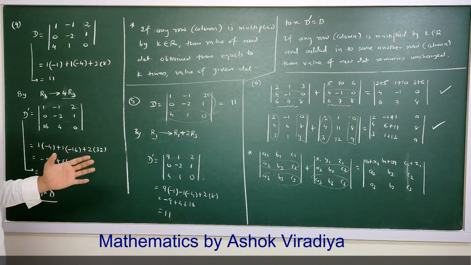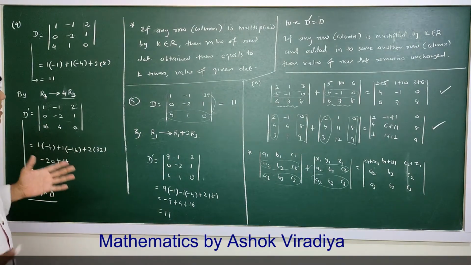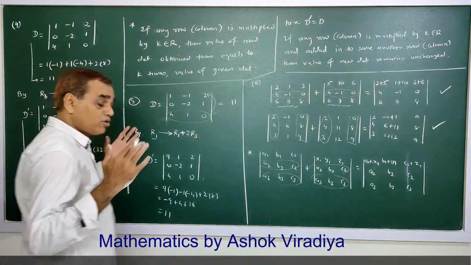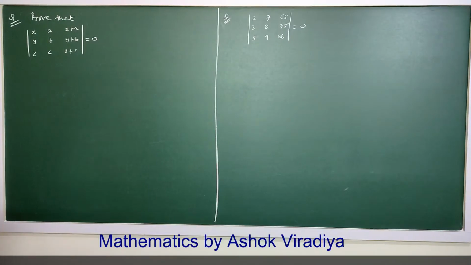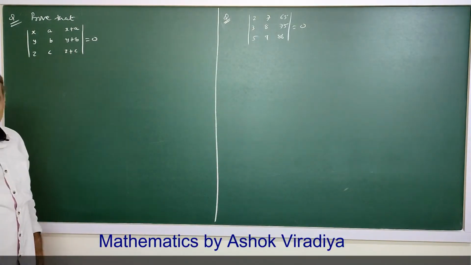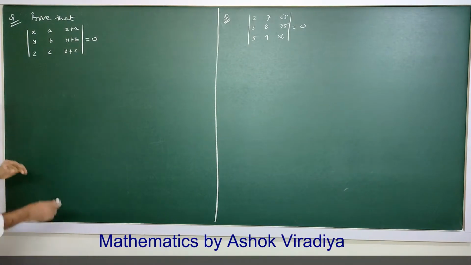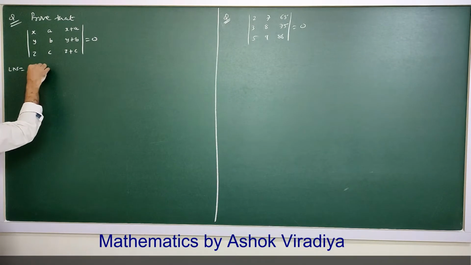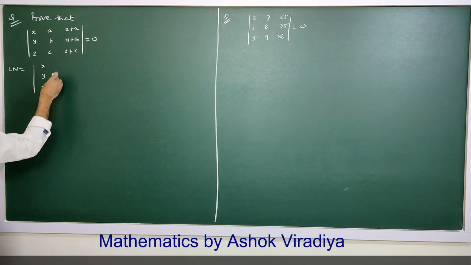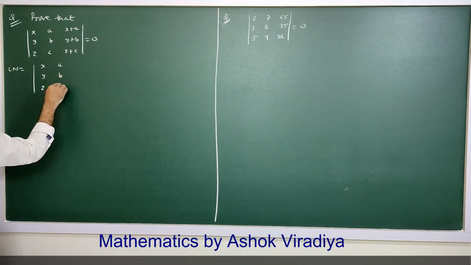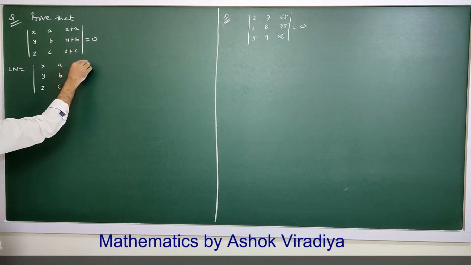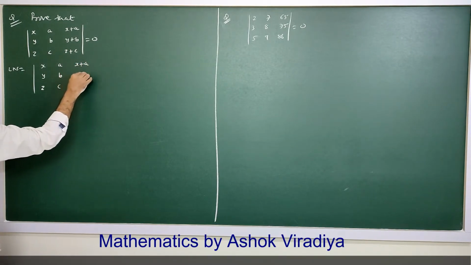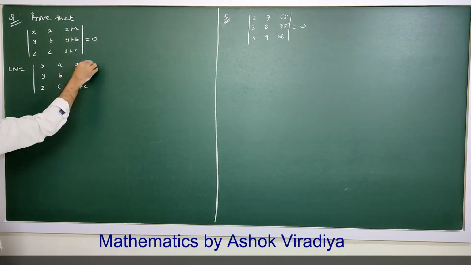So now questions are based on these 6 properties, very important properties. Now see, the question is: prove that this determinant is equal to 0. So here we start from the left hand side. Left hand side is x, y, z, a, b, c, x plus a, y plus b, z plus c.